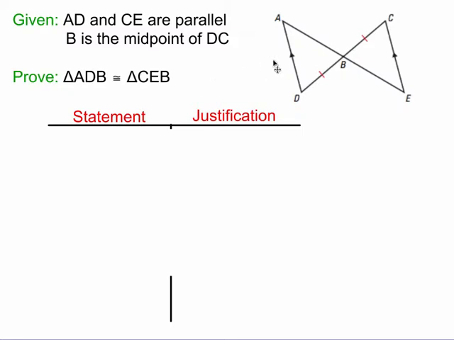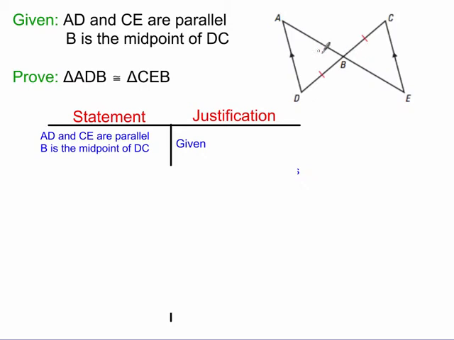We're also given that B is the midpoint of DC. All right, and now we need to prove that ADB is congruent to CEB. All right, well, let's see how we do that. So we start off with our givens: AD and CE are parallel, and B is the midpoint of DC.